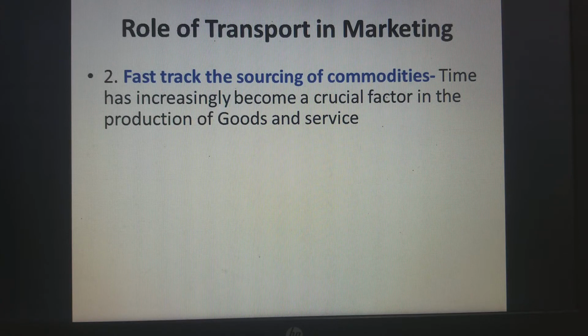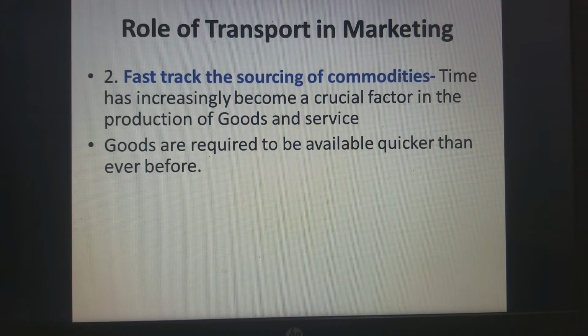It is those who can get the goods the fastest to the consumer who will stand the chance of continuing to have their services and goods in demand. Goods are required to be available quicker than ever before.